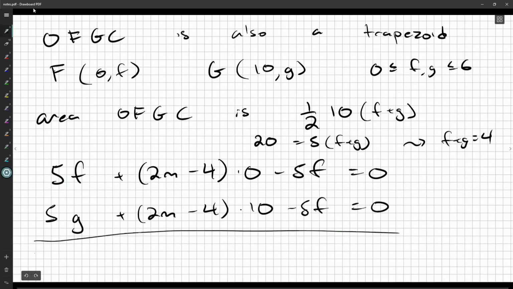So we add these up, we'll get 5 times f plus g. I want that to be equal to 4. Plus 20m minus 40 minus 10f. Okay, but f plus g is 4.